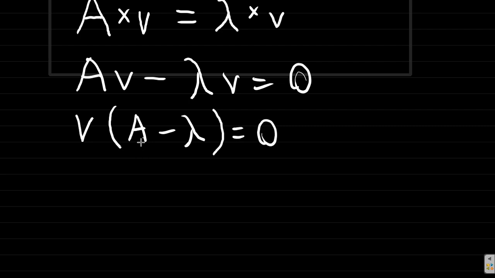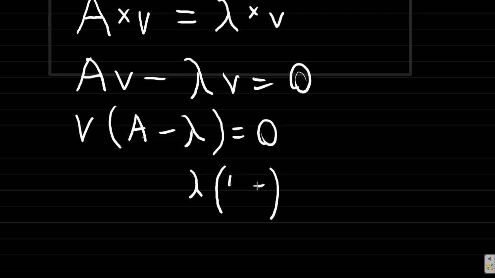But hold on. The matrix here is a matrix, but the value is just a number. You cannot subtract one single number from a matrix. It has to be matrix minus matrix. So what we're going to have to do is multiply lambda, the eigenvalue, by the unit matrix having the same dimensions as the matrix.